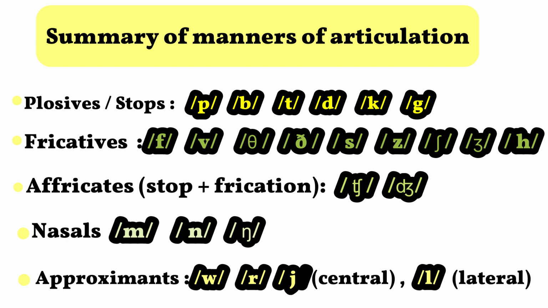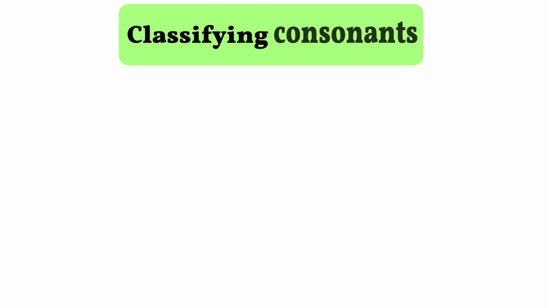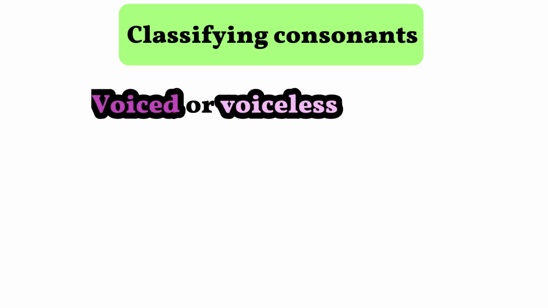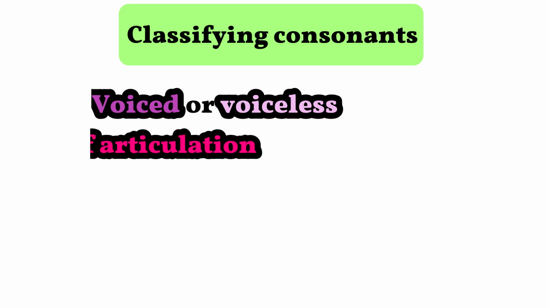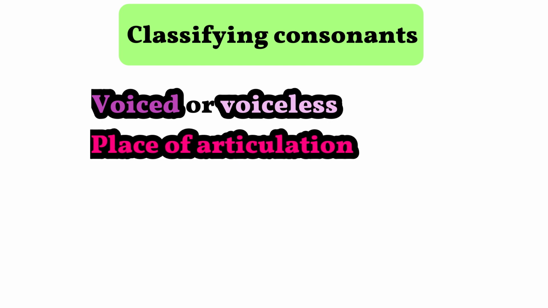Classifying consonants. As you can see, all consonants have different characteristics. They can be either voiced or voiceless. They have also a place of articulation where two organs actually come together or near to each other.